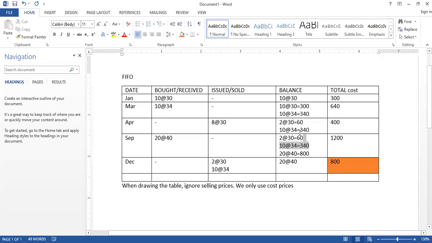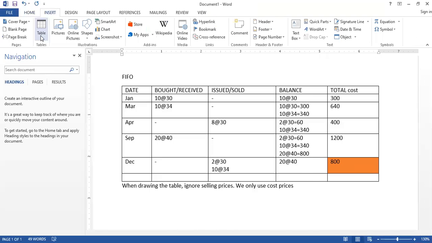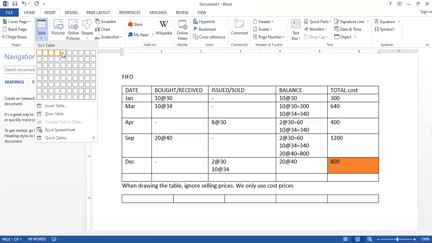So all these 2 balances are now sold out. You are only left with how much? 20 at the price of 40, which is 800. Do you understand? Yes. Okay. So we move on to the next.